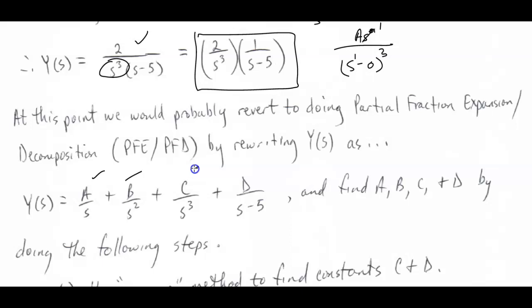And in doing this, since we have this way of interpreting Y of s, with an s cubed and an s minus 5 explicitly shown here in the denominator, that means we would solve for C and D first.